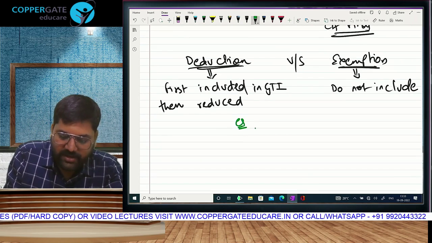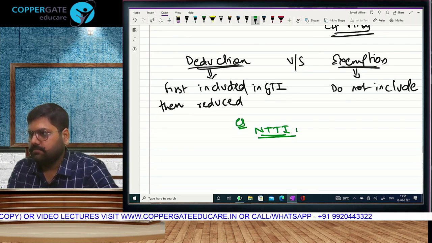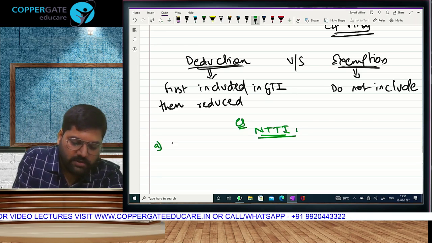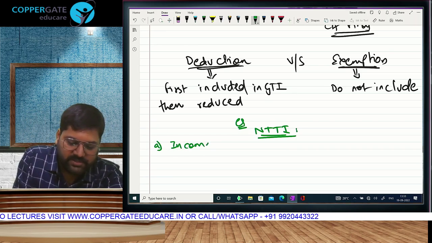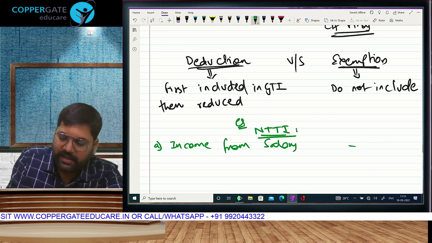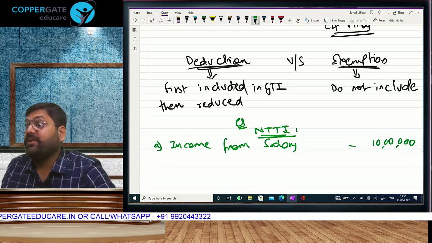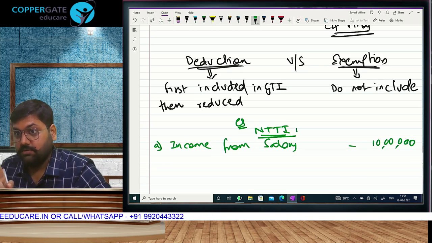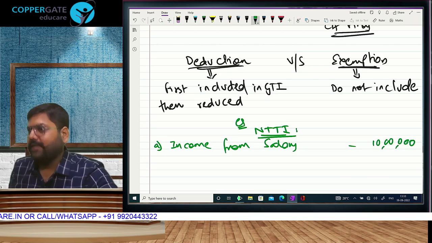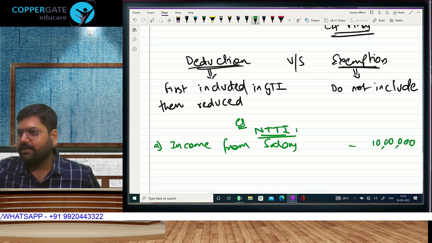Example. We are doing computation of net taxable total income. The assessee has got income from salary. This is our first head of income. 10 lakh rupees. Assuming we have computed the taxable amount. It is not that you are getting a monthly fixed amount, just add it. It is not like that.